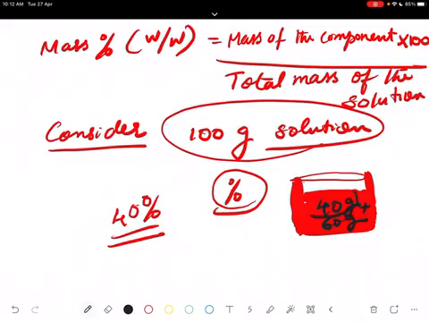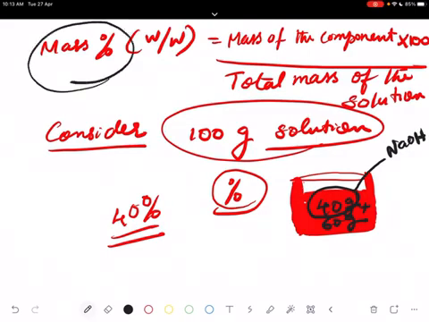Now, for us, this 40 gram is not a useful term. We will be finding out the number of moles present in 40 gram. For example, if the solute is NaOH, then we can find out the number of moles for some other calculation. So what is the mass percentage? Such a question will not be asked for you. Such a question is asked for class 11th. That is irrelevant for us.